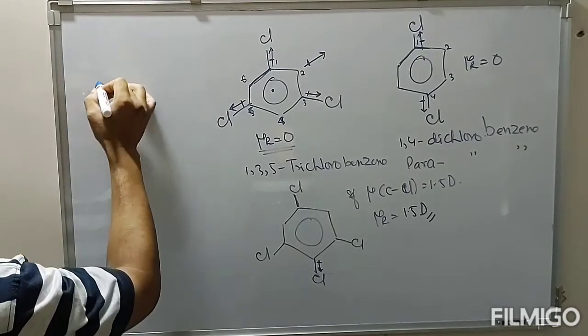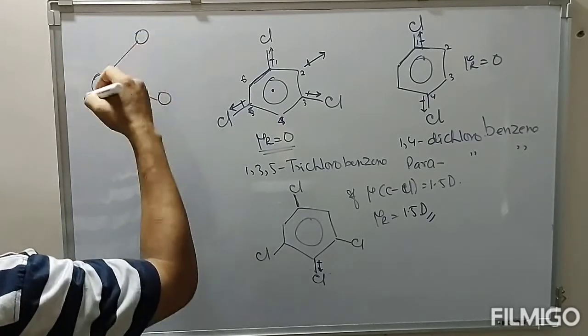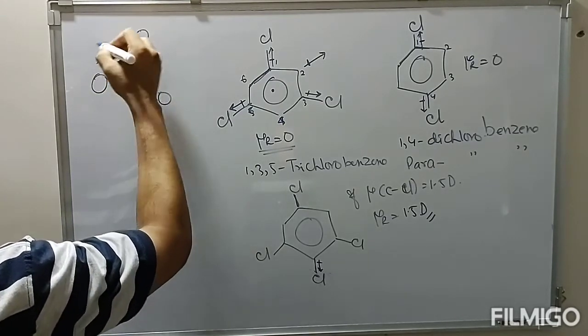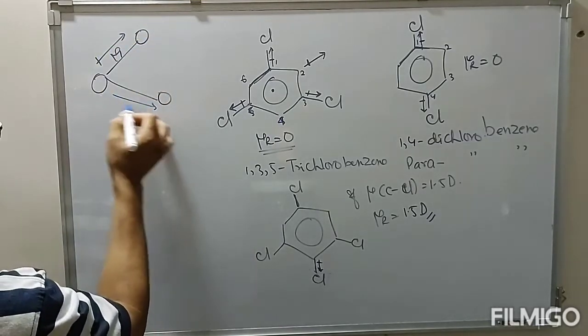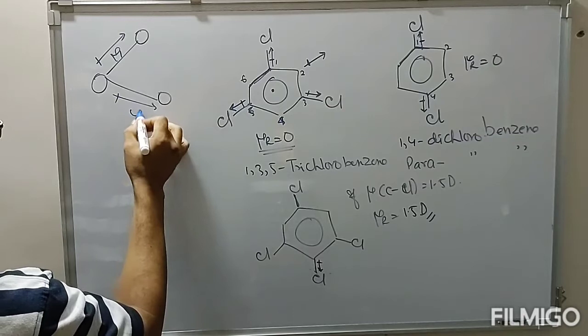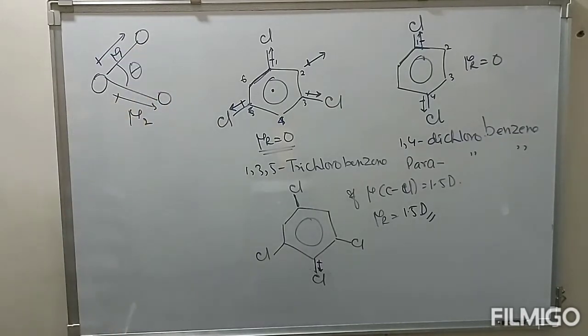Suppose look at this, we have this dipole. Let this magnitude be mu1. We have a second dipole, let's suppose this magnitude is mu2, and this is the angle theta.